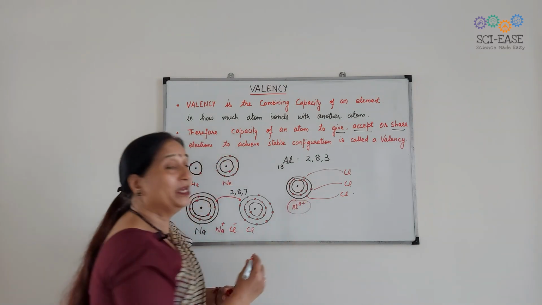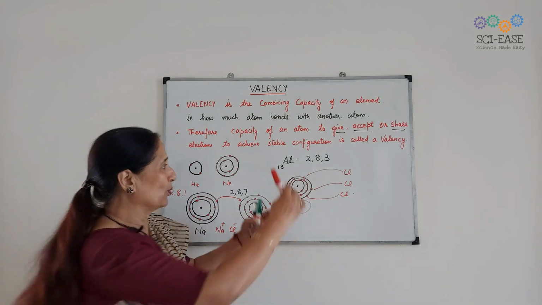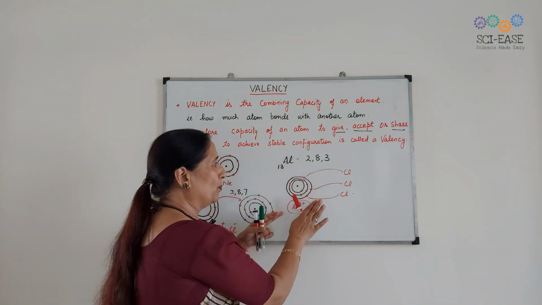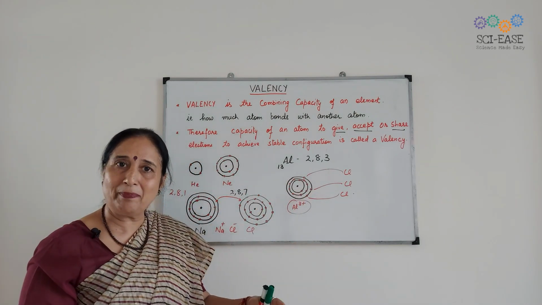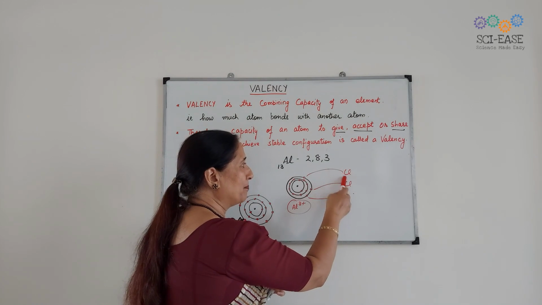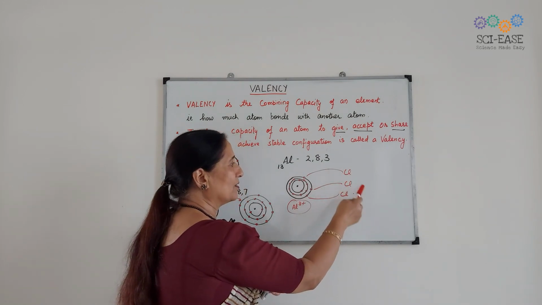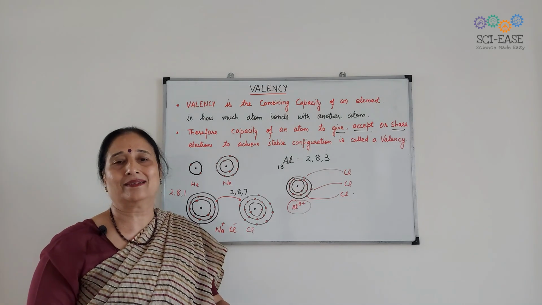So valency of aluminium will be 3. Okay, so it will also gain the noble gas configuration, or you can say its octet is complete. Octet of this chlorine is complete, octet of this chlorine is complete, and octet of this chlorine is also complete.